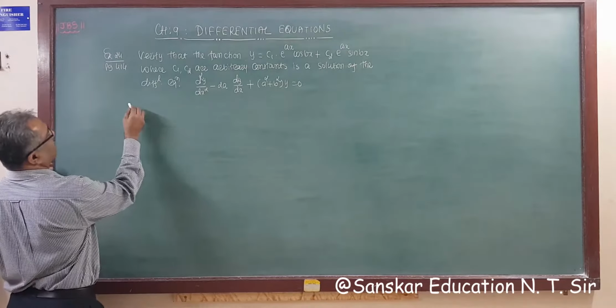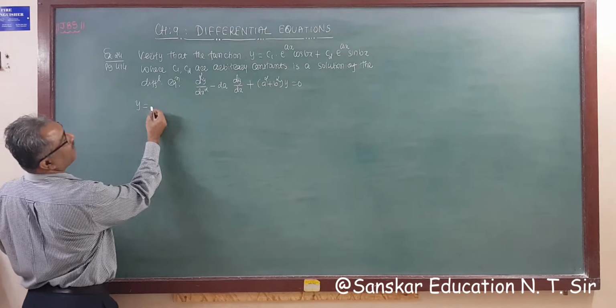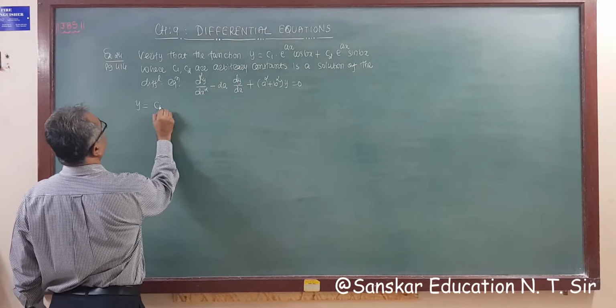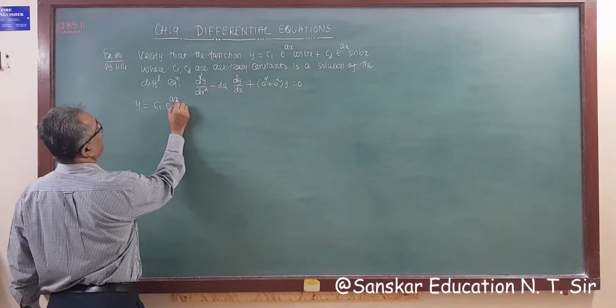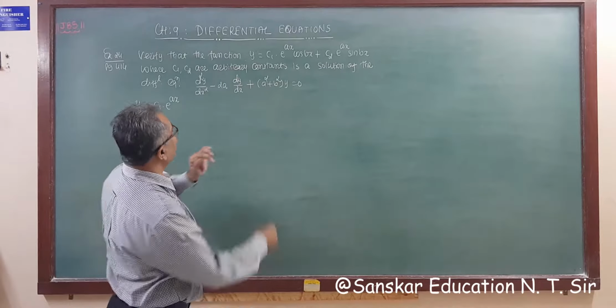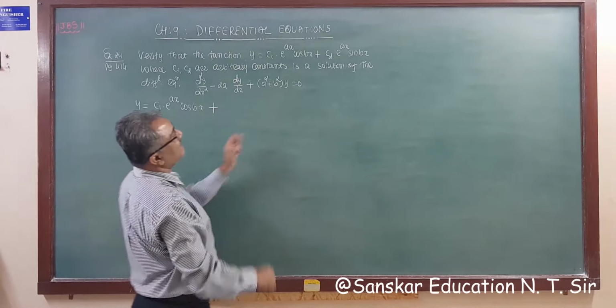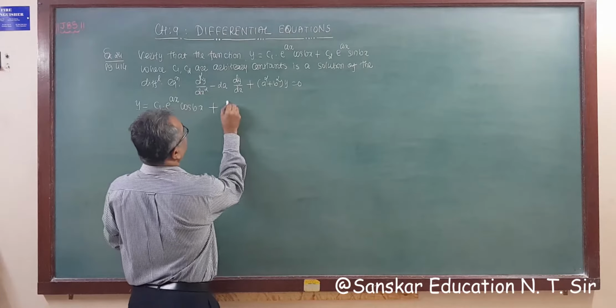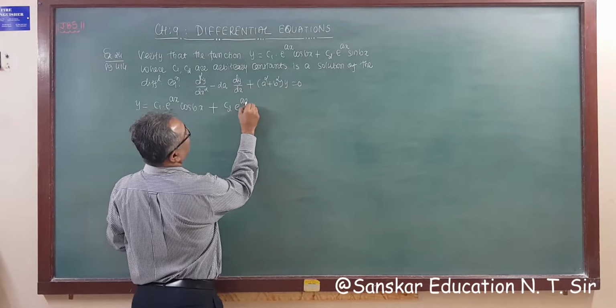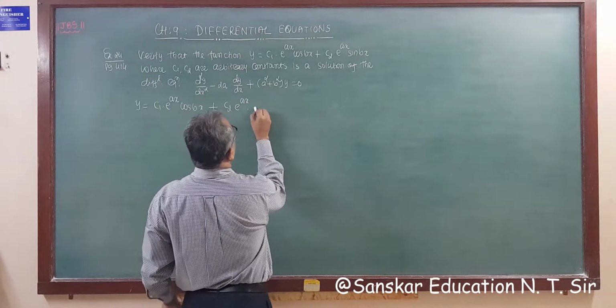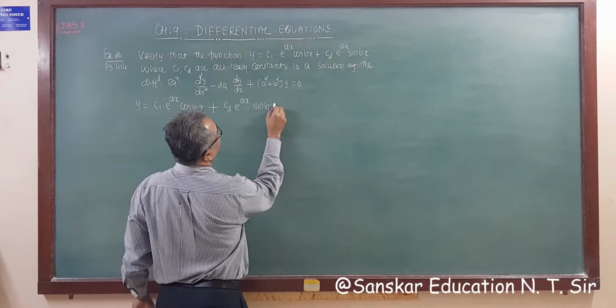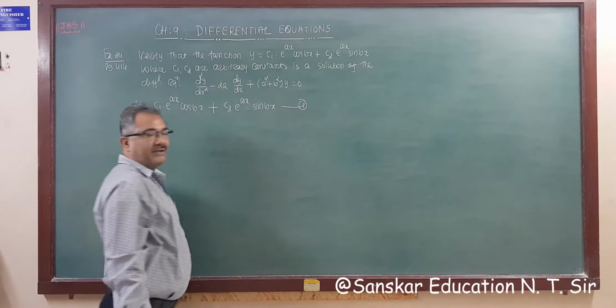So here y is equal to c1 e raised to ax cos bx plus c2 e raised to ax sin bx. This is equation number 1.